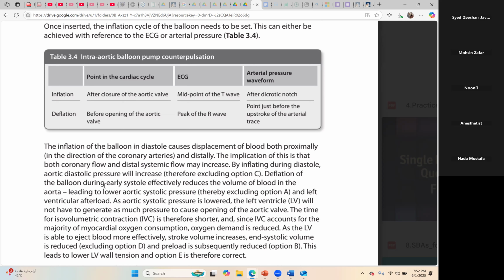Deflation of the balloon during early systole effectively reduces the volume of blood in the aorta, leading to lower aortic systolic pressure, thereby reducing the left ventricular afterload. So aortic systolic pressure will decrease and left ventricular afterload will decrease.